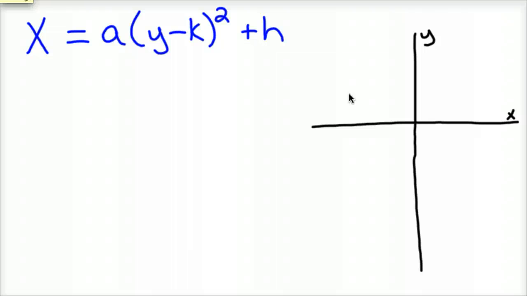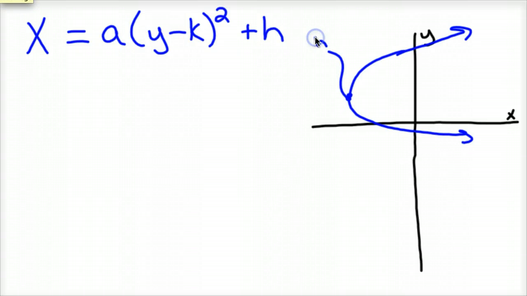We could have a vertex here, and the parabola could look something like this, where this is your vertex, h comma k. Your focus could be about in here somewhere, and again this distance is p. And then your directrix is going to be back here, also a distance of p from your vertex.